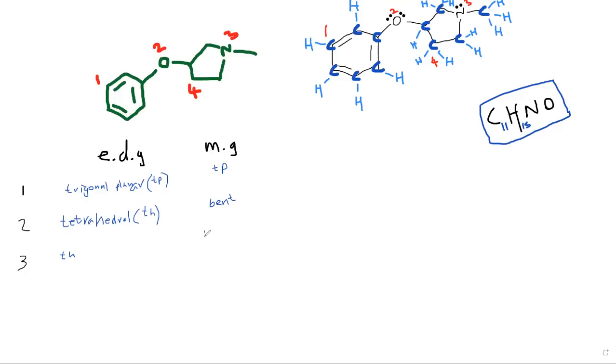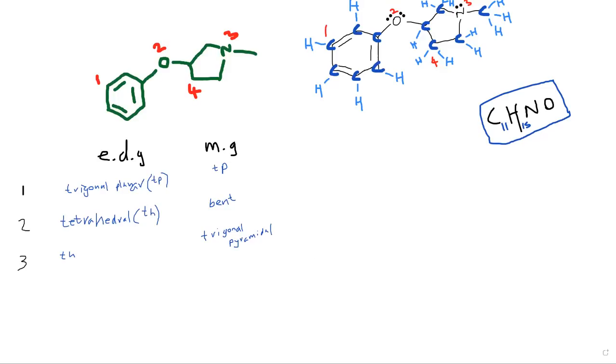The molecular geometry around the nitrogen atom is trigonal pyramidal. Okay, that is atom 3.